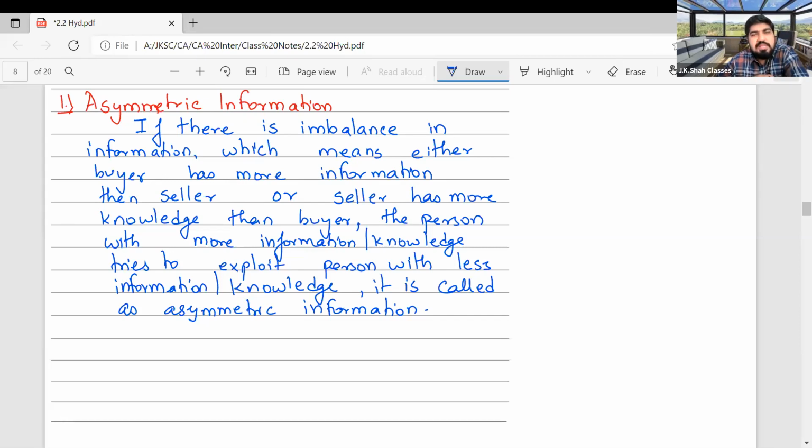Now, when I want to sell this, will I disclose the entire information? The potential buyer comes and checks the car. I will keep it spick and span, get it washed, polished, very clean, a decent looking car. So when that person arrives, I would say this is the best car in my life.